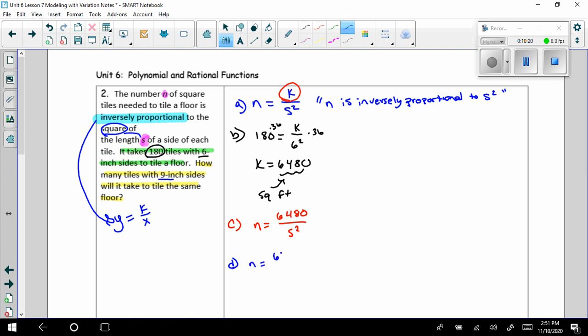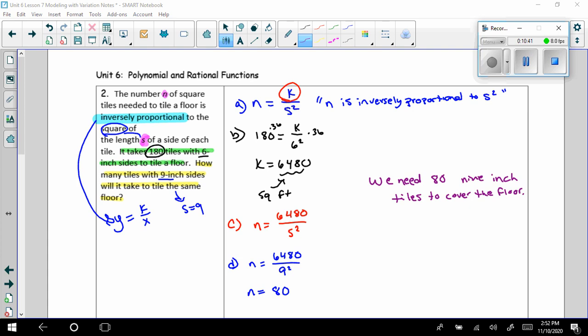So n is 6480 divided by 9 squared, which is 81. Just type that in your calculator and you'll get that n is equal to 80. And that's how many tiles you need. Okay, so we can conclude we need 80 9-inch tiles to cover the floor.